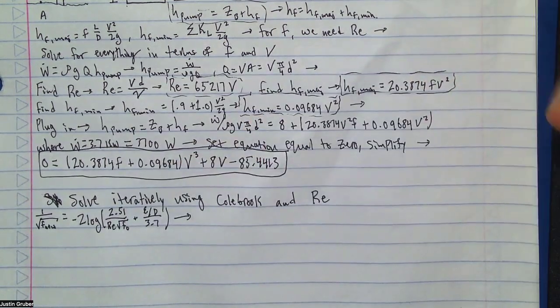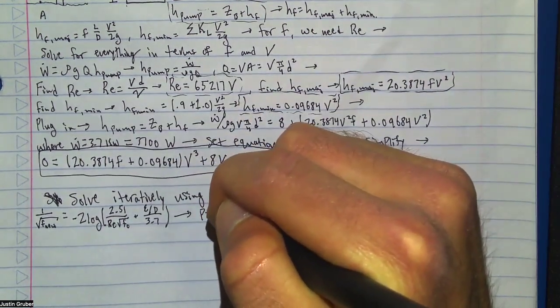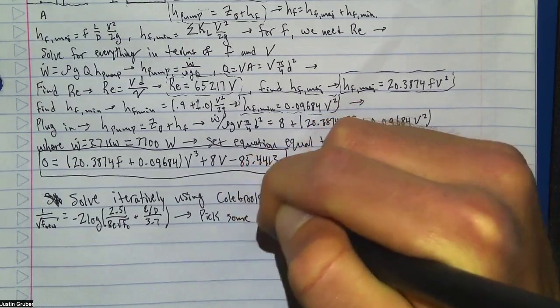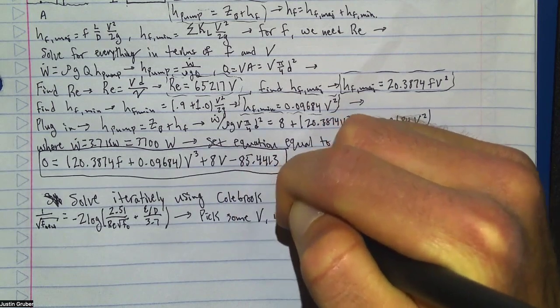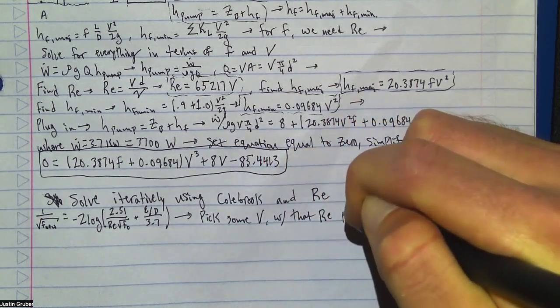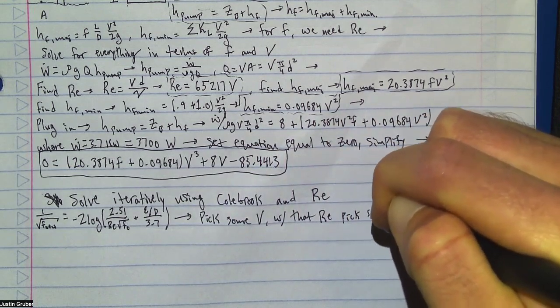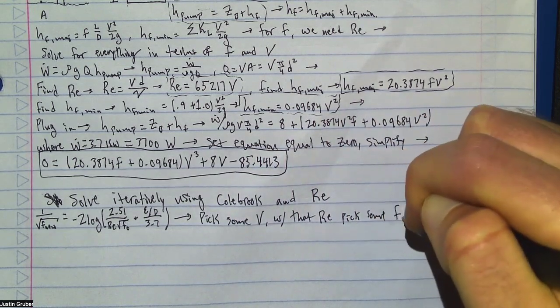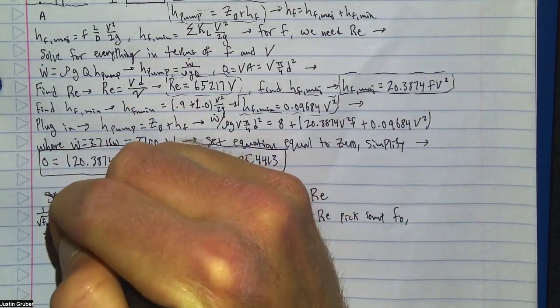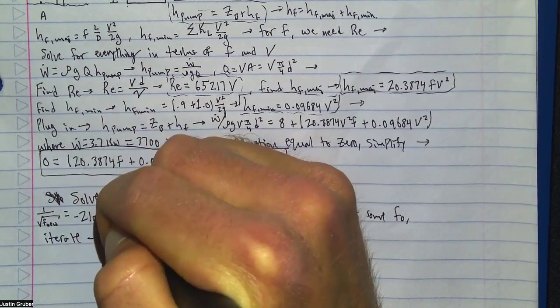Essentially what the computer would do is hit some V with that RE, hit some F0, and iterate. Stop when everything converges.